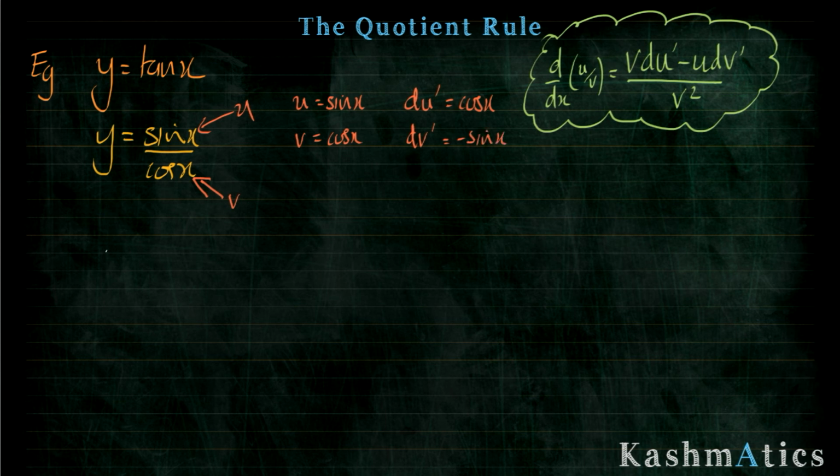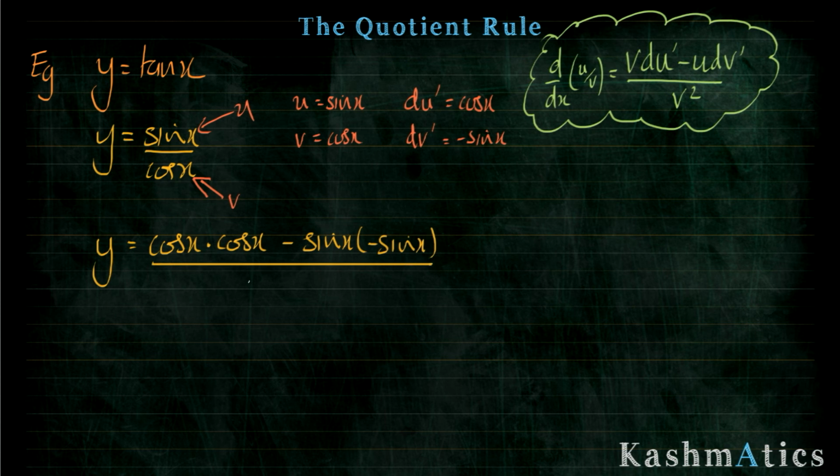So let's put all that together. So dy by dx would equal v du, so cos x multiplied by another cos x, take away u dv, so sine x multiplied by minus sine x, all over v squared, which would be cos squared x.